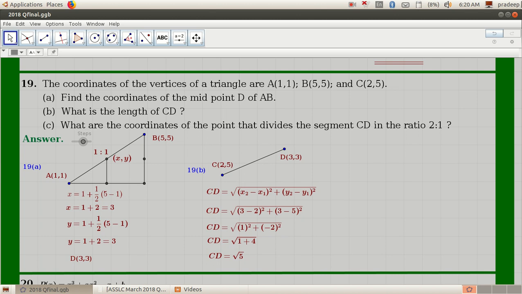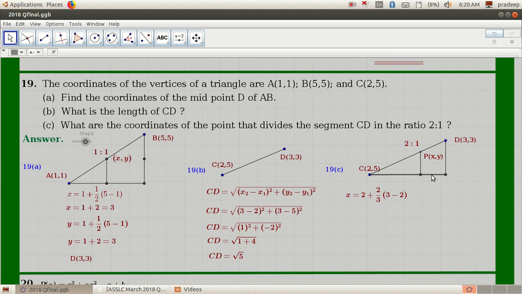The last question is to find the coordinates of the point that divides CD in the ratio 2:1. Here, the difference of x coordinates, that is 3 minus 2, this distance has to be divided into three equal parts, and this is corresponding to the 2 part, and this is the last single part.